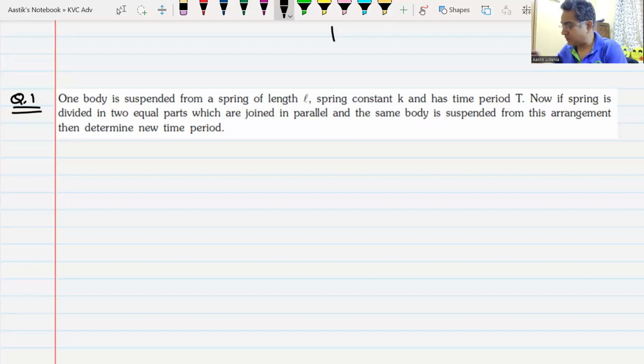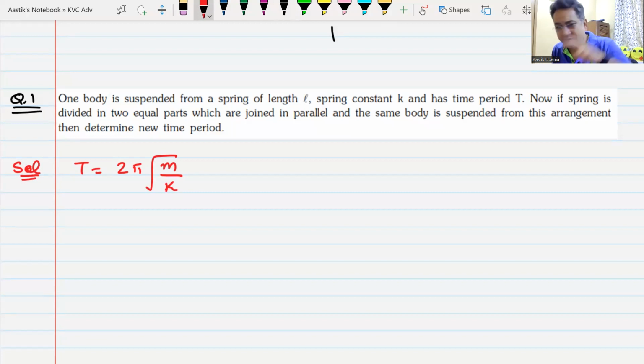So how are you supposed to do this? In original case, time period is 2 pi root over m by k. Yes or no? Yes, sir. Now, what is the new time period? Now, what has happened is I divided it into two equal halves. When I divide the spring into two equal halves, I will get two springs.